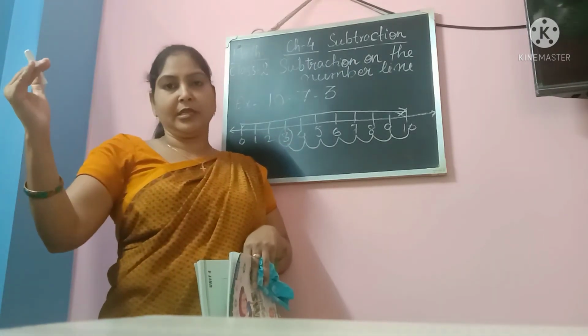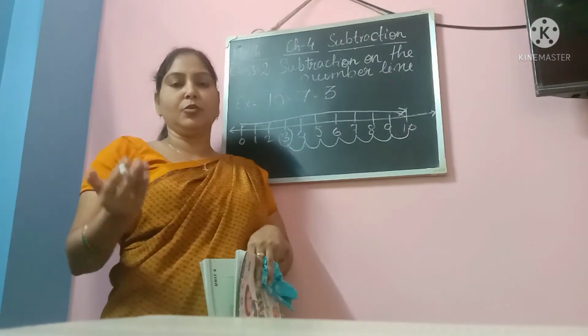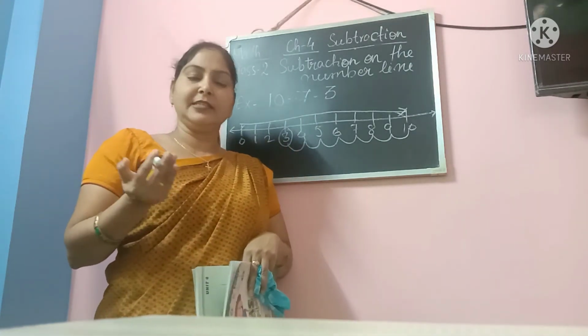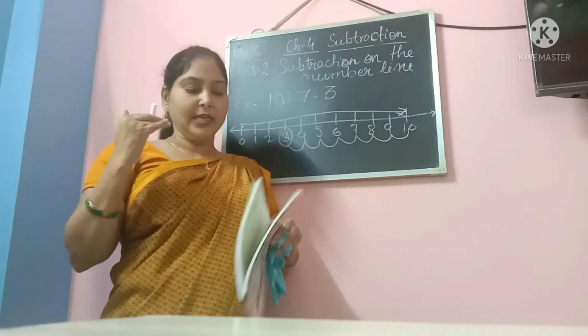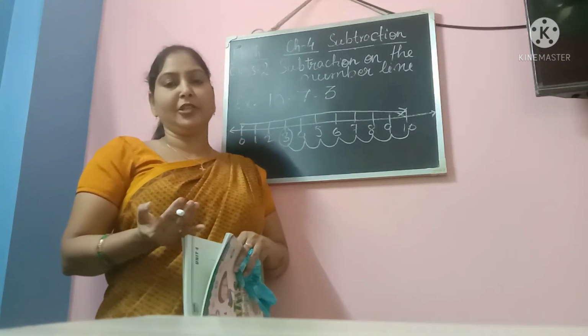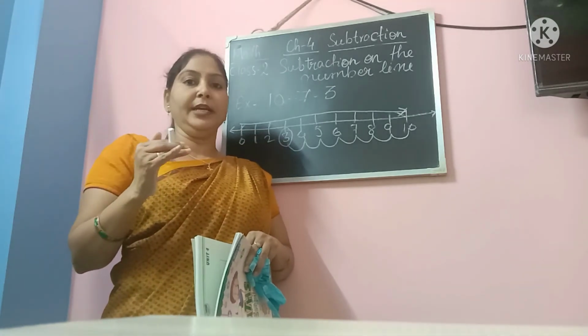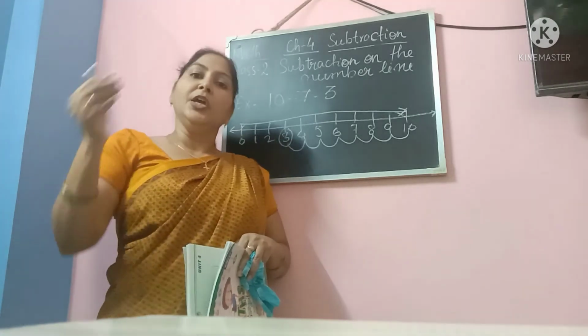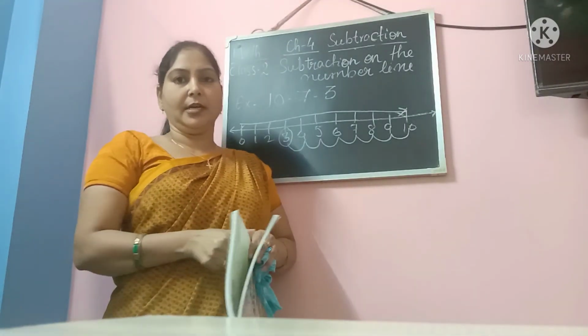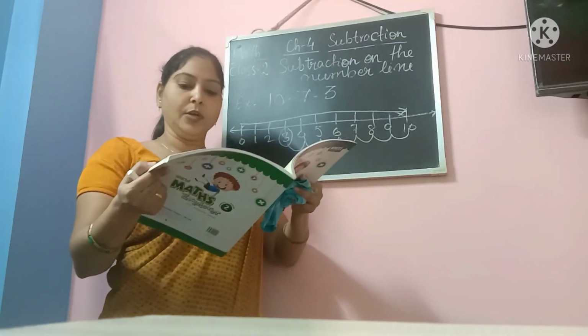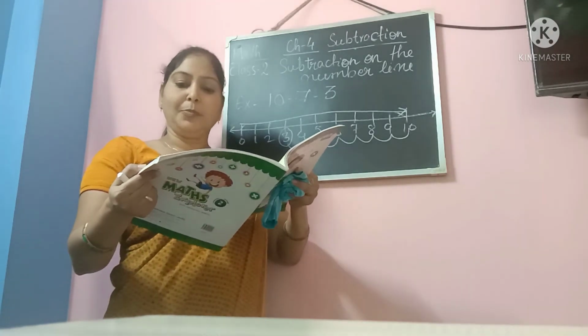Those who wrote the direct answer, I am giving remarks while checking the copies. So please, for subtraction by backward counting also, show the steps like I have done here on the board in the examples.